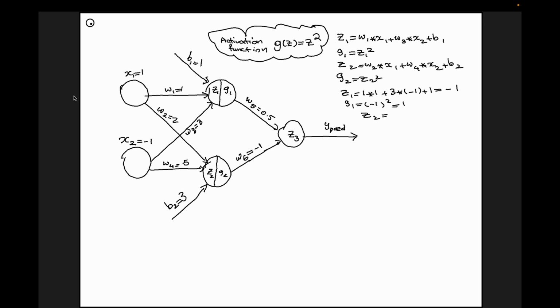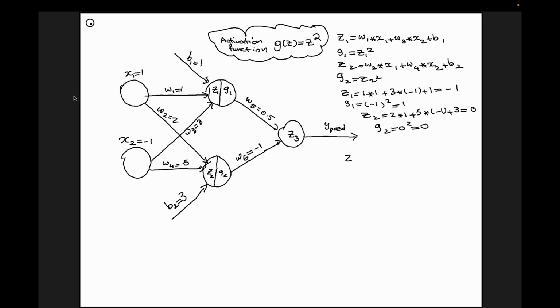Z2 would simply be 2 times 1 plus 5 times -1 plus 3, that is 0. I intentionally used some numbers to make life easier. And G2 is simply 0 squared, which is, again, 0. It's not ideal to use numbers that add up to 0, to be honest, because of some of the complications that we would get. But here, since we only want to update the weights on top, it will be easy to have one of the branches give us 0.